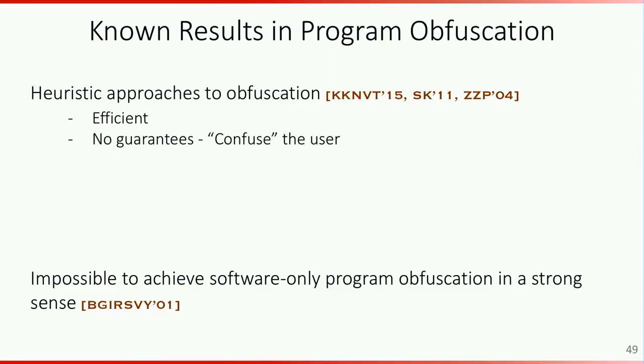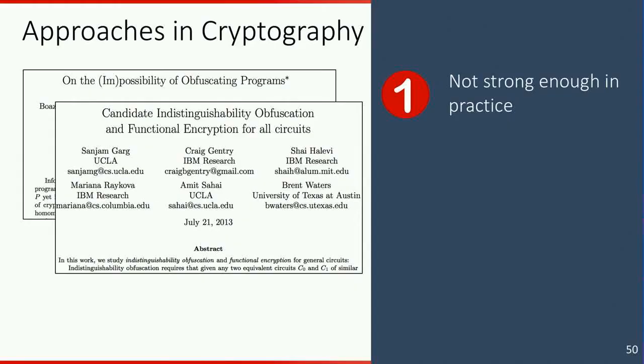Such approaches to obfuscation tend to be efficient, but they give you no guarantees on what they obfuscate. And at the other end, it is known that it is impossible to achieve software-only program obfuscation in a strong sense. Given this, we are trying to come up with a scheme for obfuscation using some other assumptions. There have been approaches in cryptography to achieve this.